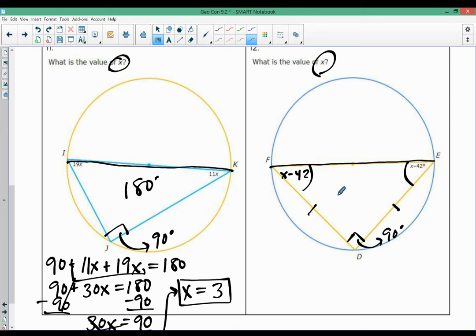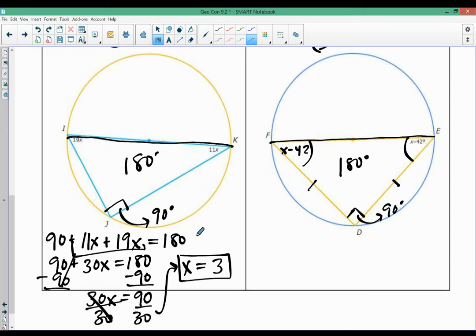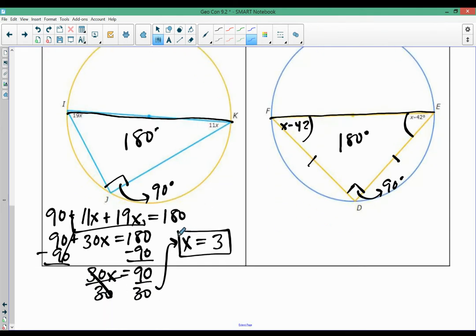All right, and all of those angles still add up to 180 degrees. So 90 plus x minus 42 plus x minus 42 equals 180.